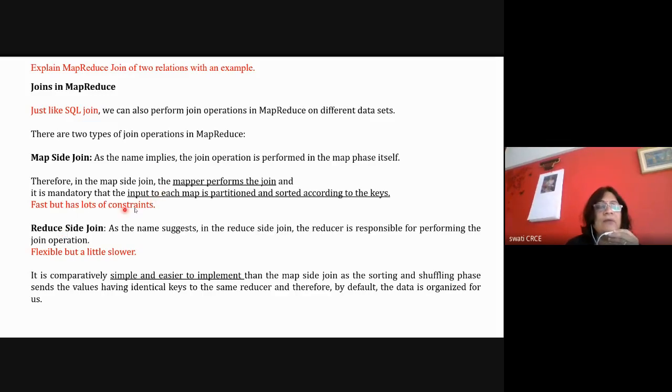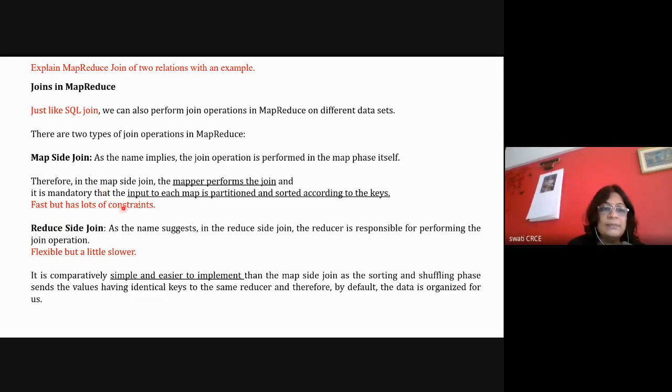If both tables are too big to fit into the memory of a single machine, then this method is not possible. We'll see this with the help of diagrams afterwards. But right now we can say that mapper side join is fast, and reducer side join is flexible but very slow.